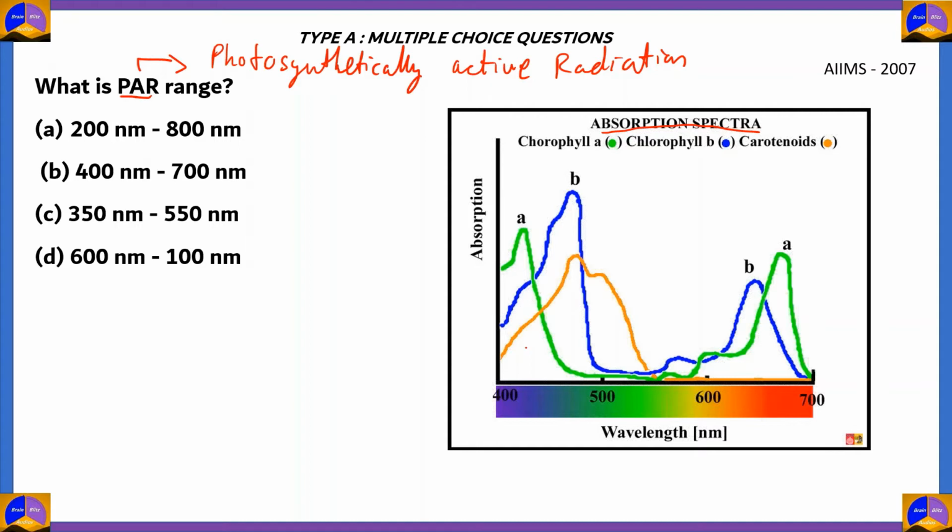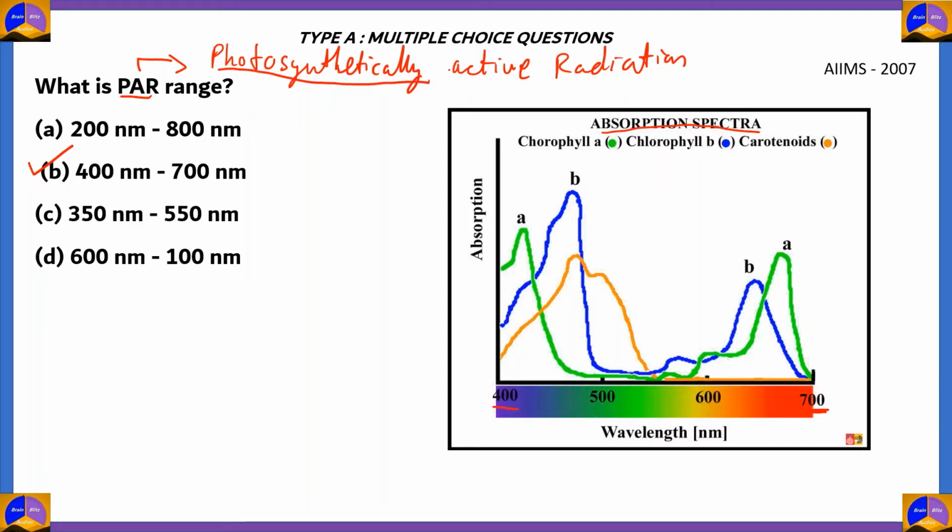So as you can see, the lowest wavelength in which all these pigments accept energy from the sun is at 400 nanometers, and they end at 700 nanometers. So therefore, we can say that option B, 400 nanometers to 700 nanometers, is the right option. Of course, you can also deduce it from the term photosynthetically.